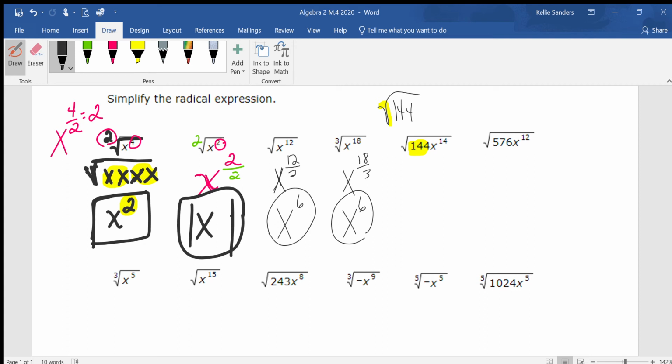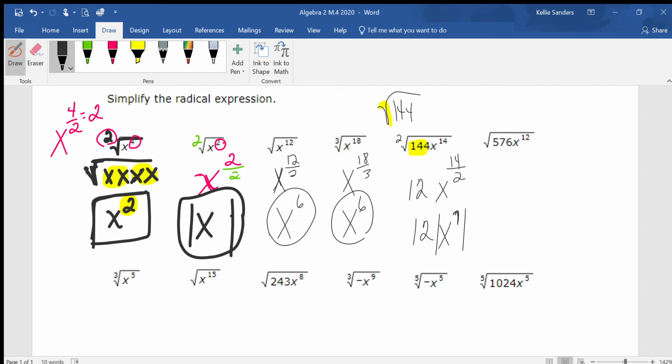Square root of 144 is 12. And x to the 14 over 2, because that's 2. 14 over 2 is 7. 7 is odd, so that odd part is going to go in absolute value symbols.